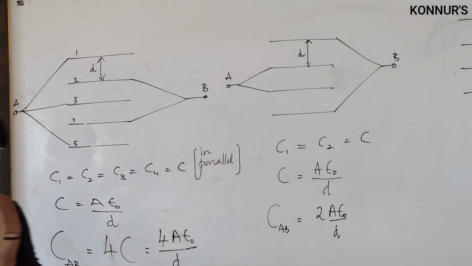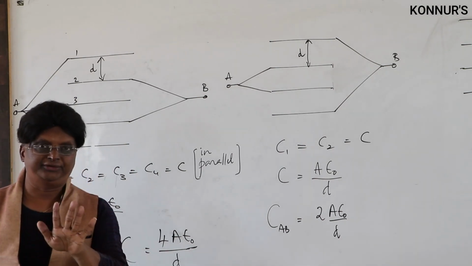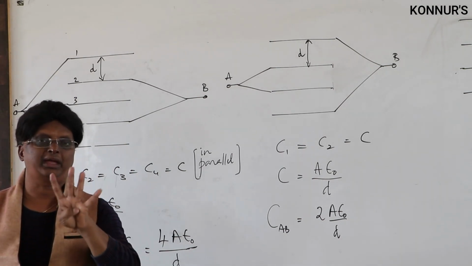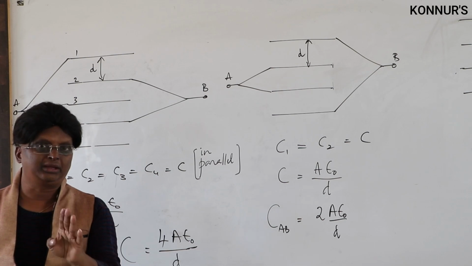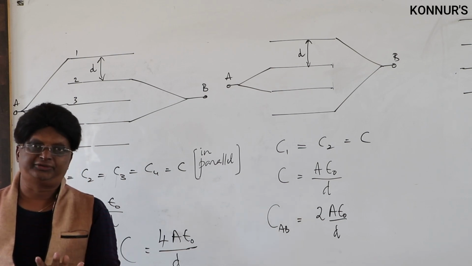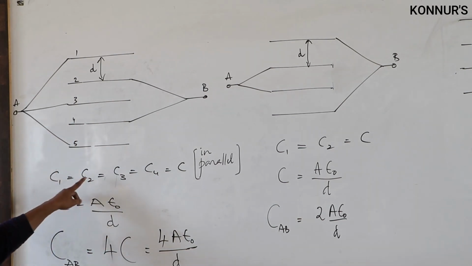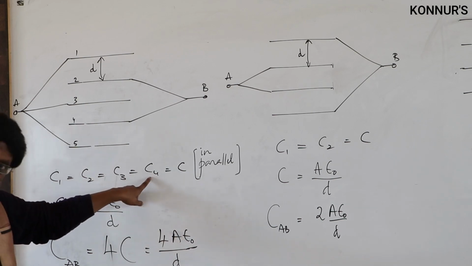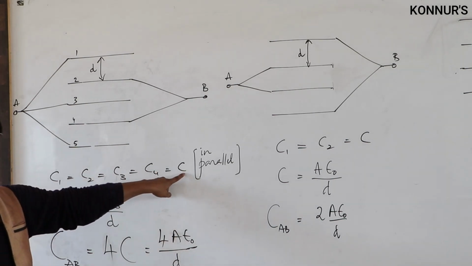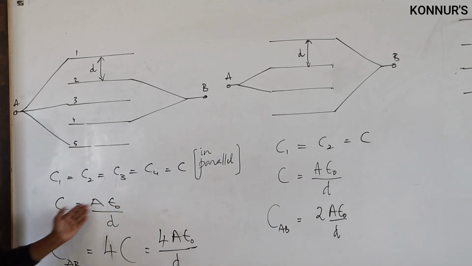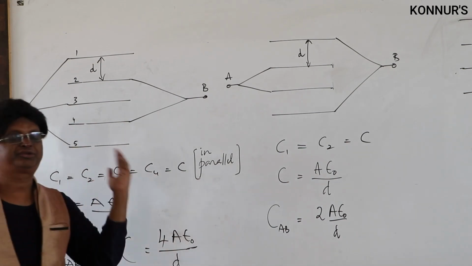So here we find, for the given 5 plates, 4 capacitors, right? How many capacitors? 4 capacitors, such that C1 equals C2 equals C3 equals C4, all of them the same as C, and that C of course is A epsilon naught by D. Now what is the specialty in this arrangement?